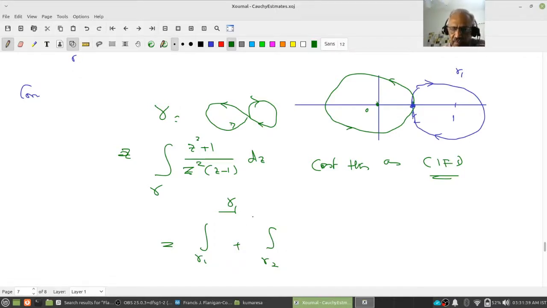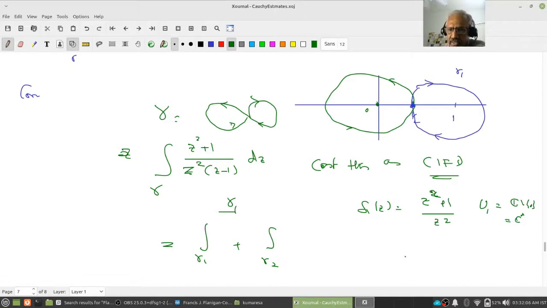On gamma 1 I have something interesting. It centers around 1, right? Therefore I can think of my function f1 of z equal to z squared plus 1 by z squared. Now what is the domain for this function, u1? This is C minus the singleton 0, which is C star.